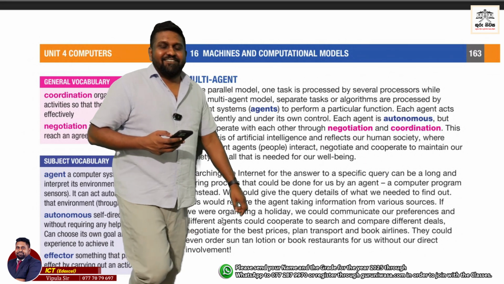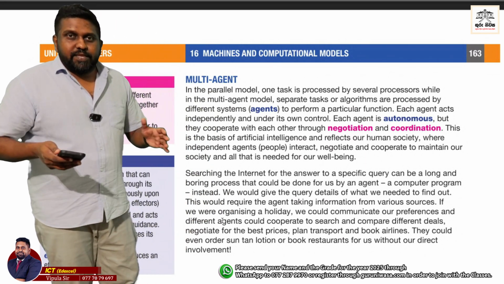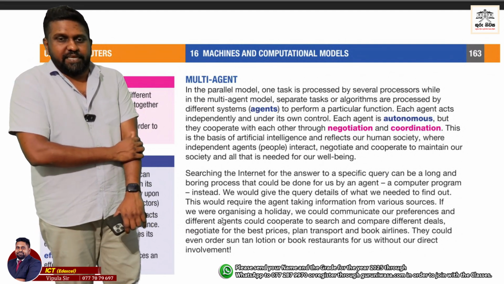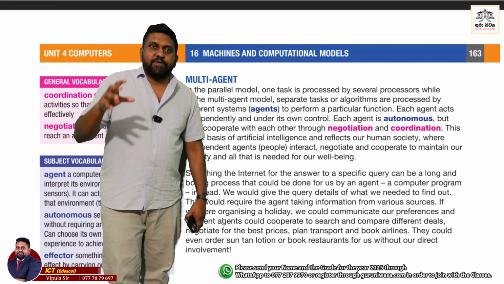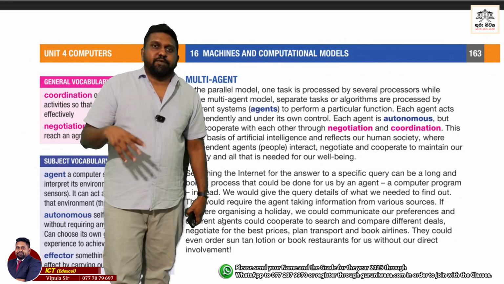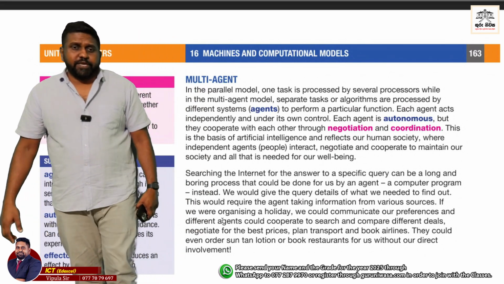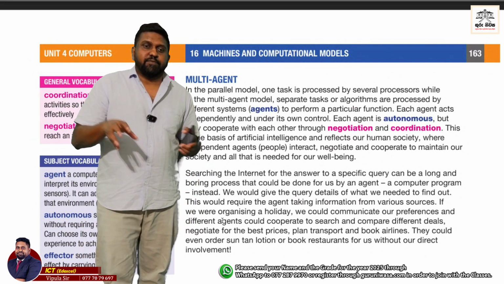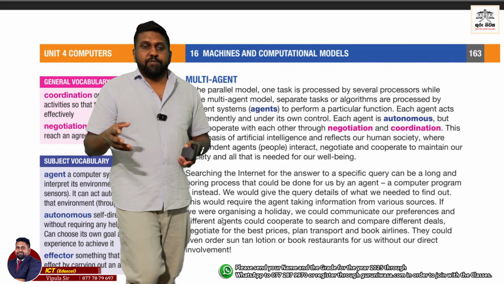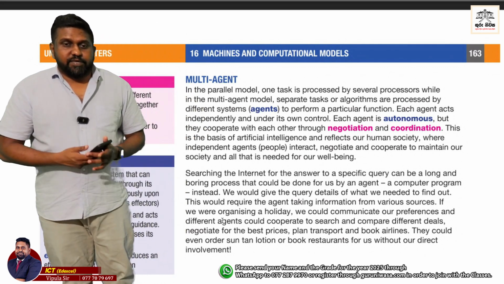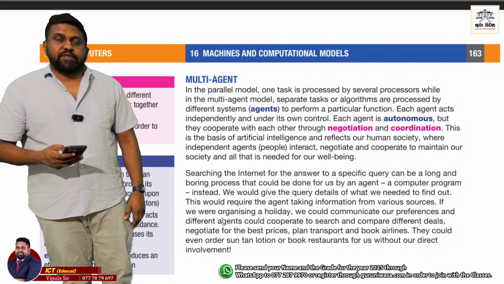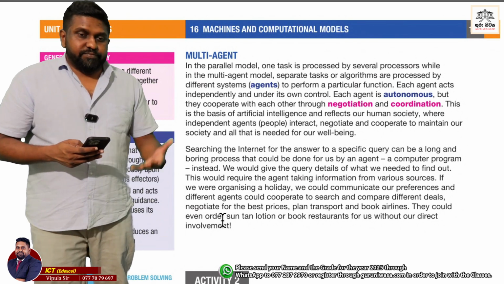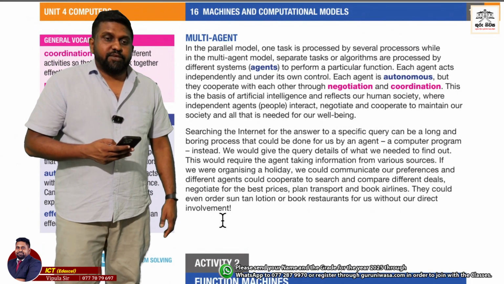This is partially, almost about 90%, based on AI, because AI models are there to find things out and make it easier. This negotiation and coordination will automatically happen between these agents. If you search for multi-agent systems on Google, you will find a massive amount of information which will help you understand how it works.